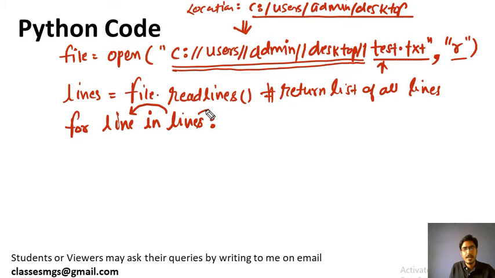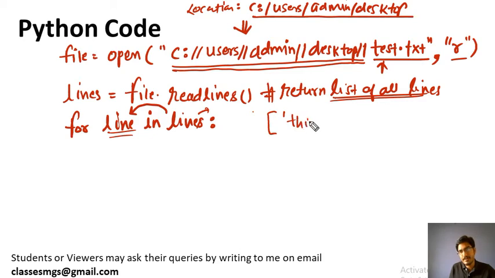This is a list object, because this is the list of lines. So each time you iterate using the for loop, each line will come, and for each line you want to fetch the words. For that purpose you first need to split this line. This line will be a string object.